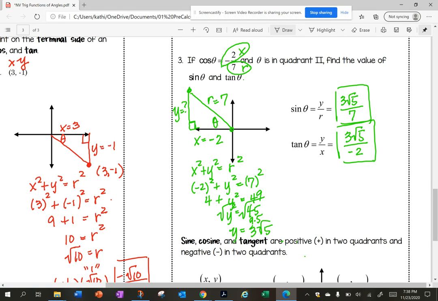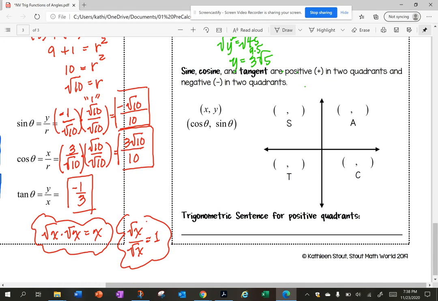All right, so let's summarize this in a graphic organizer to help us remember what's going on here. In the first quadrant, I know that x is positive and y is positive. In the fourth quadrant, I know x is positive.